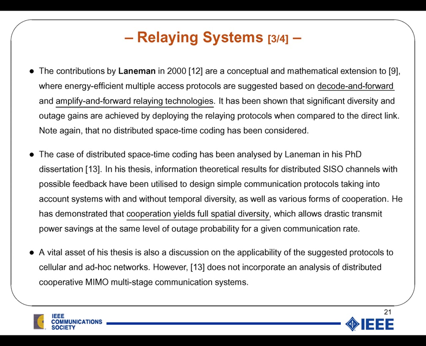Laneman introduced the famous decode-and-forward and amplify-and-forward relaying schemes. He analyzed them from various points of view, such as outage and throughput, and he introduced, also in his PhD thesis later, the distributed space-time coding protocols.